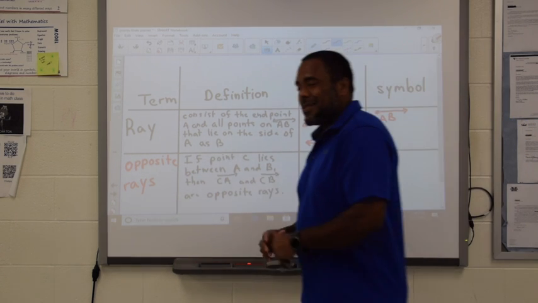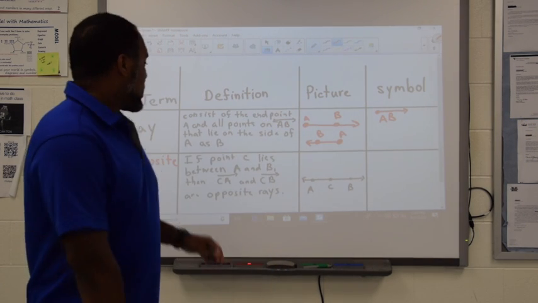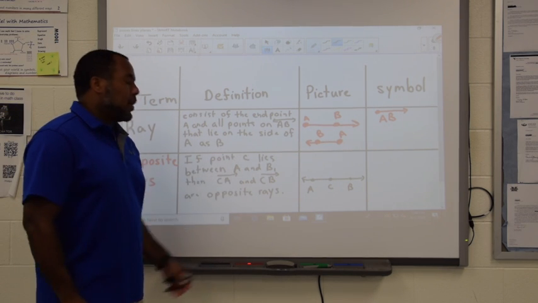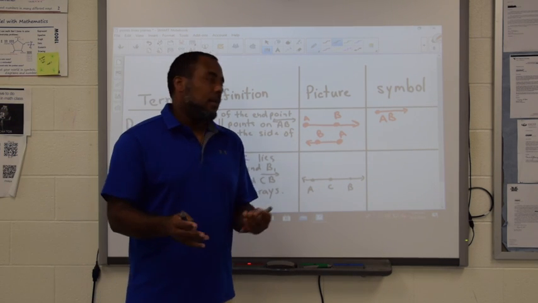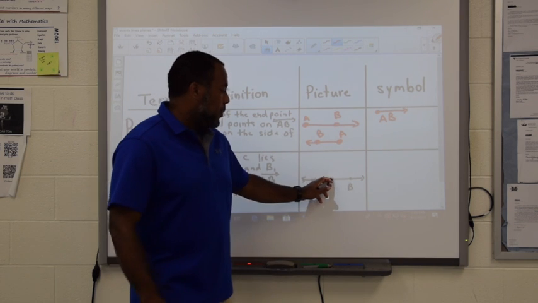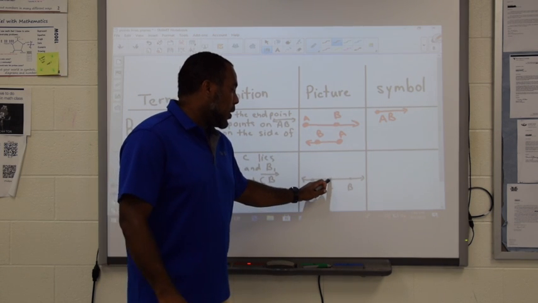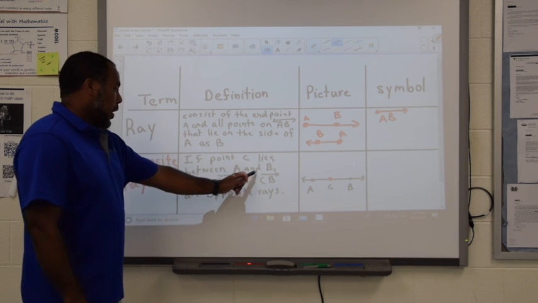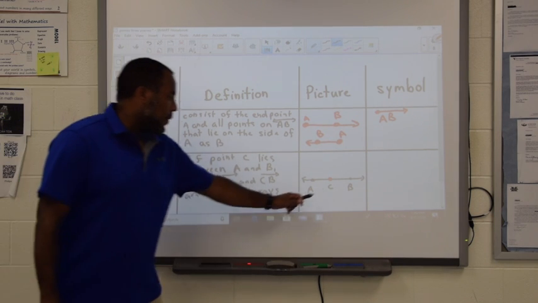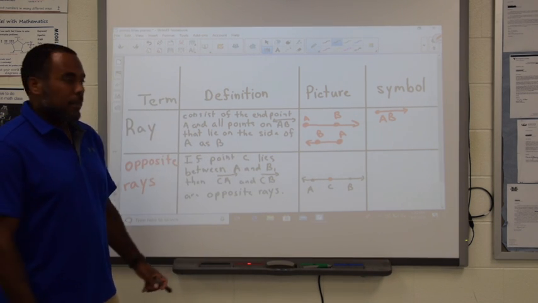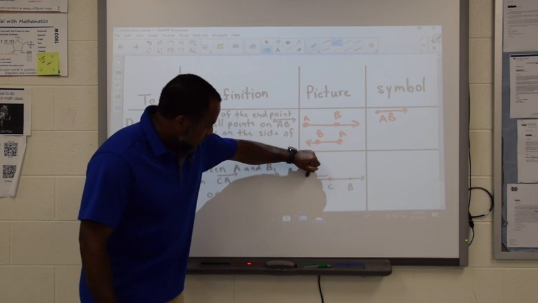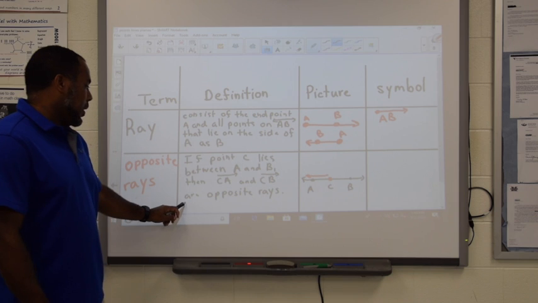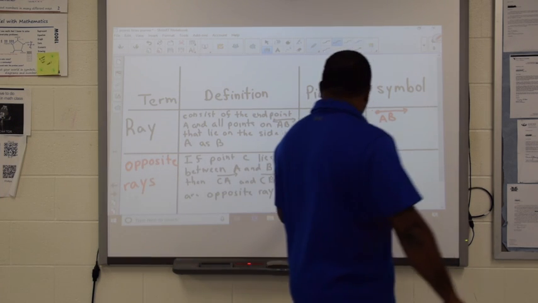The almost last one, I guess, is going to be opposite rays. Here, if point C lies between A and B, so when it says between, it literally means somewhere in between. Not in the middle, just somewhere in between A and B. Then CA, from C through A, going this direction, and from C through B are opposite rays.